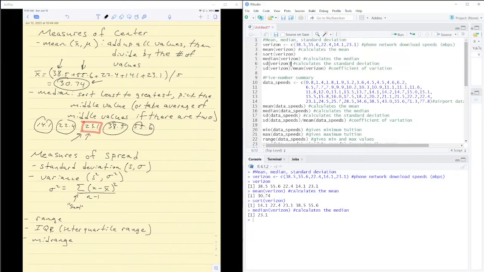And then if you wanted the standard deviation, you can kind of tell by the symbols. To get to this symbol from this symbol, you take the square root.